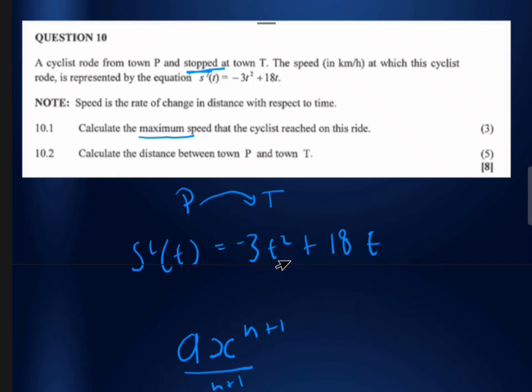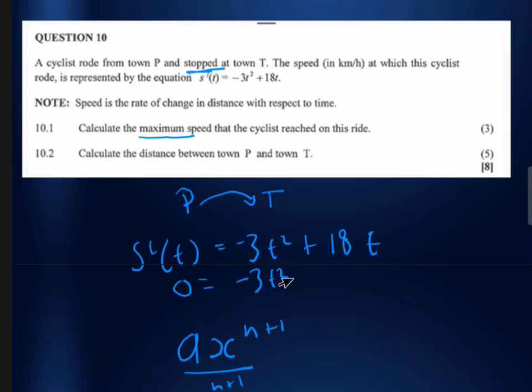So let's solve for when it is 0, so that we can find out when it started and when it stopped. Of course it started at t equals 0, but let's find out when the speed is 0, so that we can find out the times. So obviously one of our answers has to be 0 because it started at t equals 0, and then the other answer will represent when it reached T. So we're going to solve for when it's 0.